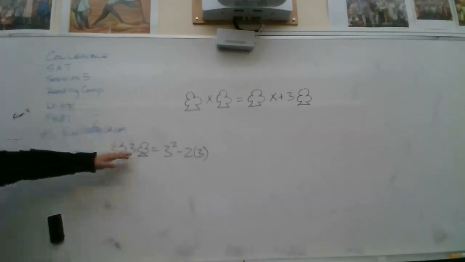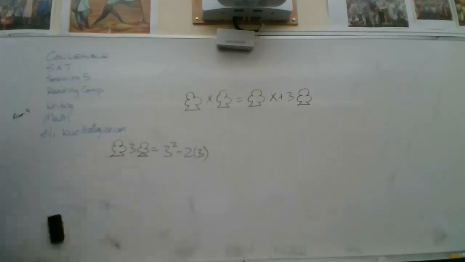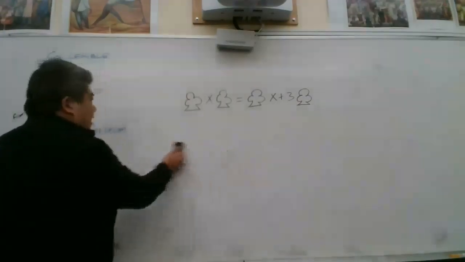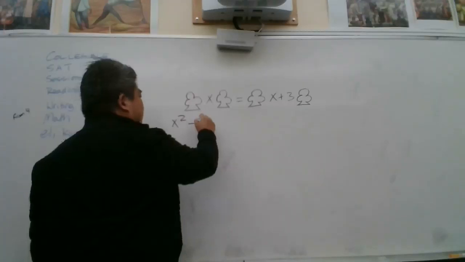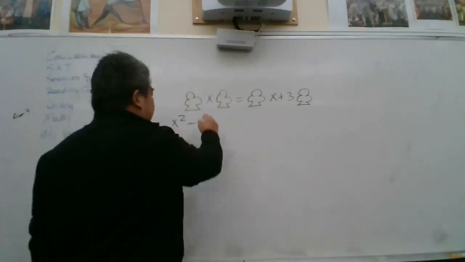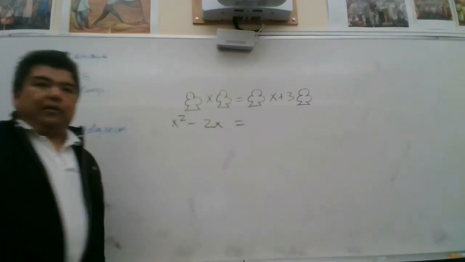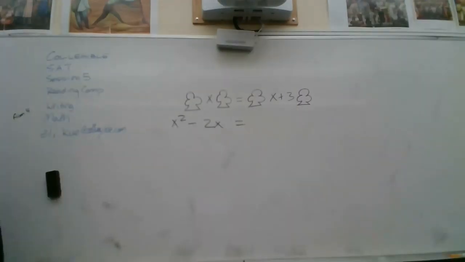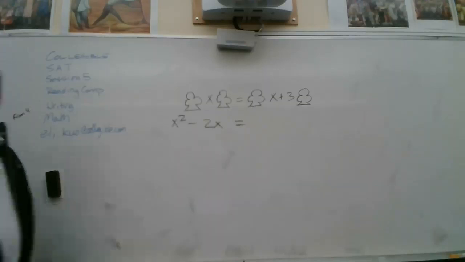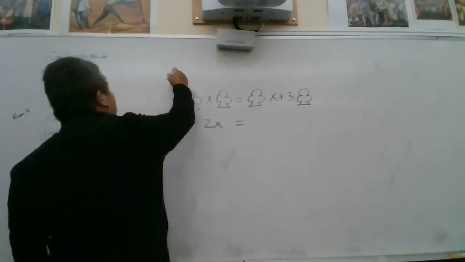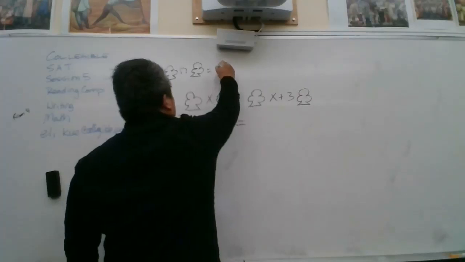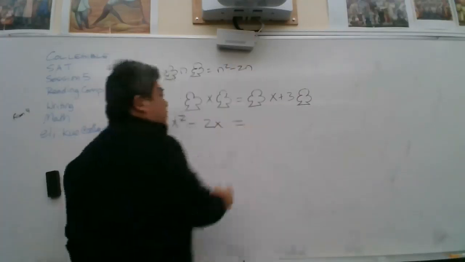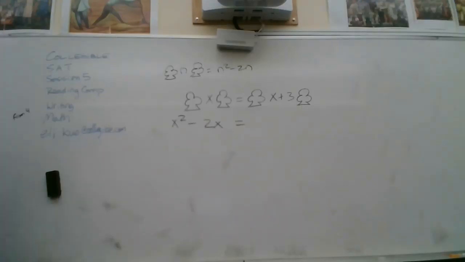Do you guys see my example? Instead of n, let's do this with x on the left side. So this is going to be x squared minus 2x.